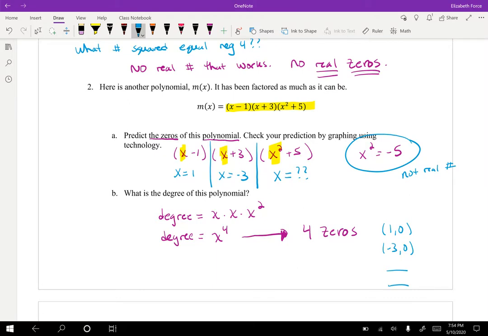So in this case, we say there are 2 real zeros and 2 complex zeros. And the reason why there are 2 complex zeros is because there are imaginary numbers.